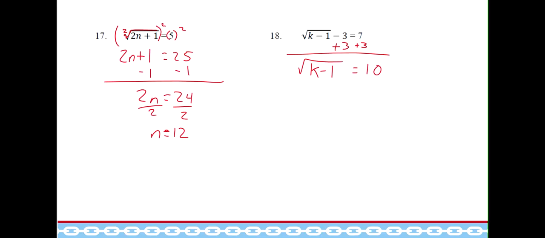This is a square root, so to get rid of that, I square both sides. To get k by itself, I add away the 1. I get k equals 101.